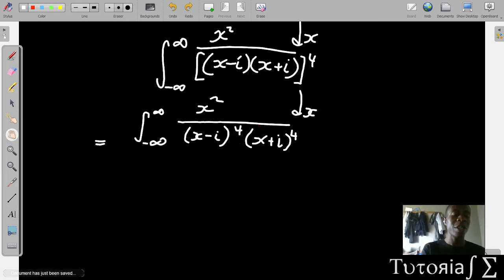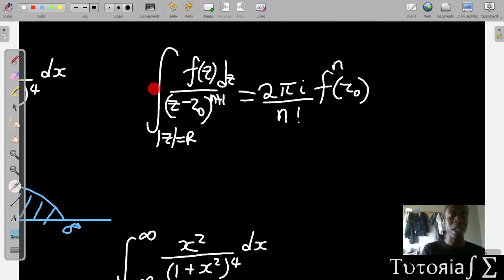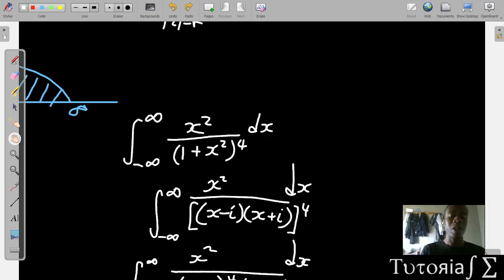so that we achieve this formula that is right here. We need to make sure that our integral looks like this side of the formula so that we can apply this part of the formula right here. At the bottom there, we should only have one part that is giving us a pole.